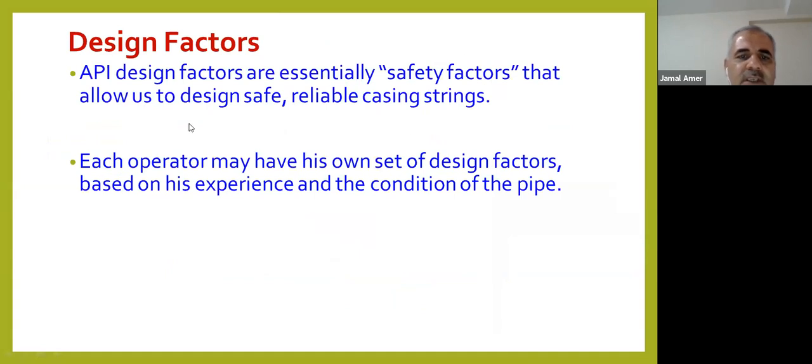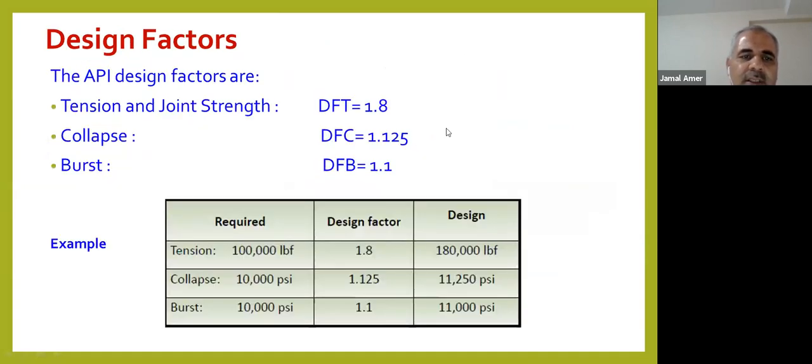Design factors, as I told, we have some design factors. We have the API design factor, and other companies have theirs. As I told, we have to calculate the tension load, collapse pressure, burst pressure. So API gives us this design factor.